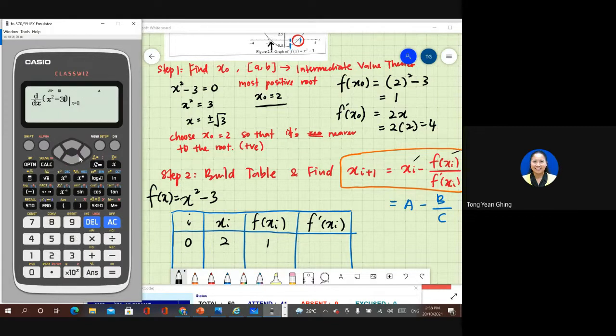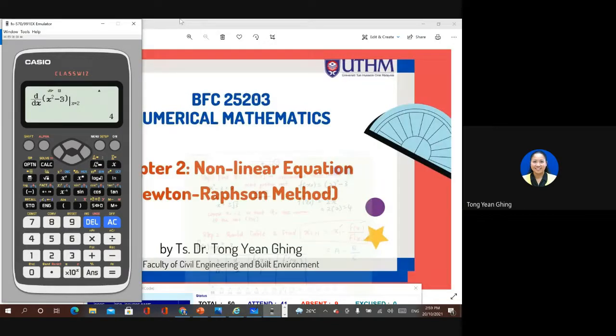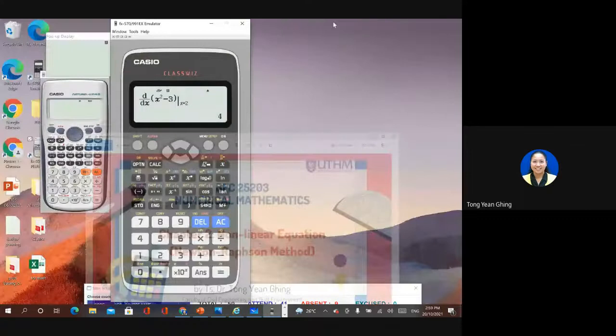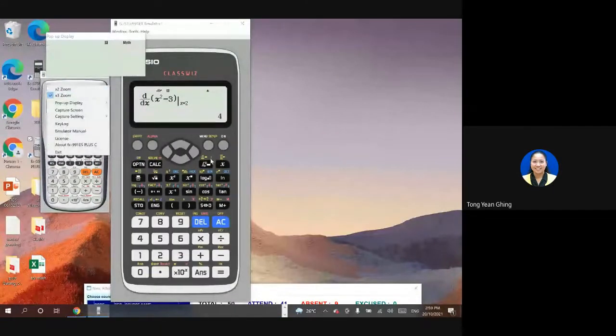Okay, so you go down, this one x, bawah ni, x sama dengan, now because our x is 2, so 2, and then equal to, so become 4. Saya guna calculator satu lagi. Let's use this one.